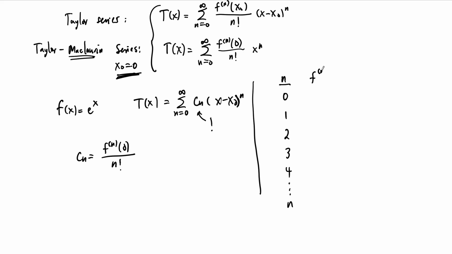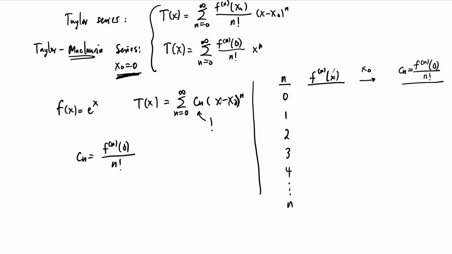And then we need a column for the nth derivative of the function as a function of x. We need to be very clear that this is the derivative as a function, and then we'll plug in our center point and get our c sub n out of this. Remember, it's the value of the derivative evaluated here divided by n factorial.